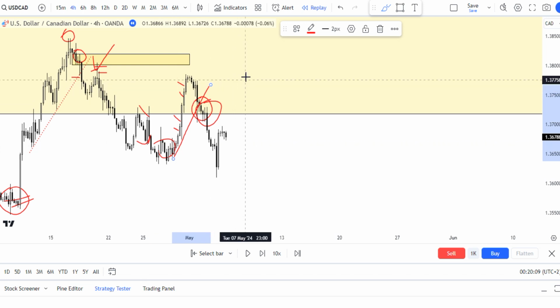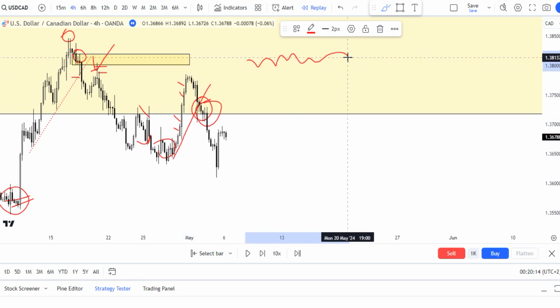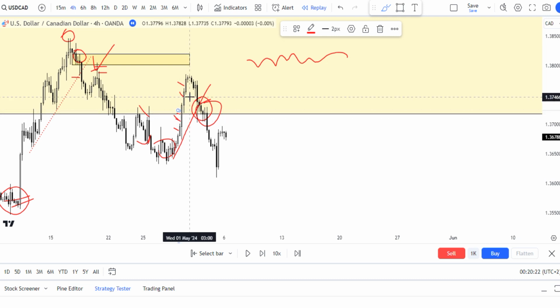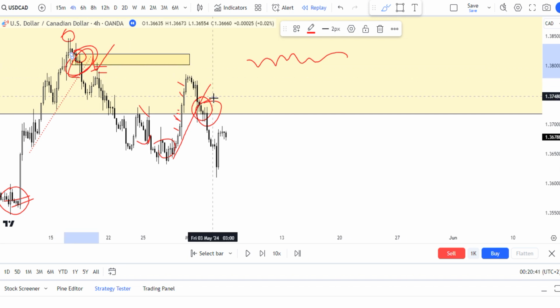First of all, this is the weekly. We are selling from the weekly supply area, so we're only going to look for sells. If you ask me about only this move, then this move did not achieve anything. It did not remove these opposing direction imbalances.